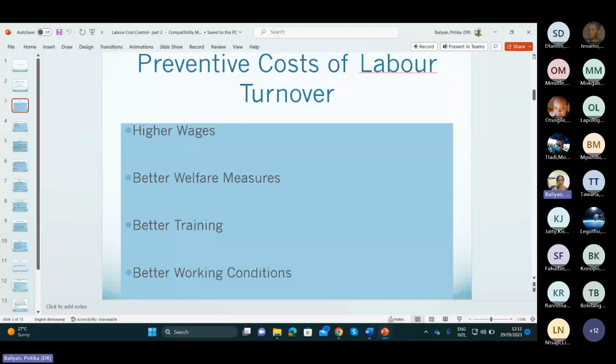Yes, it also helps to reduce, because once the person has been recruited, they go through the training so that they become familiar with the type of work and how to perform that work, because there are always slight differences in the working environment of every organization.